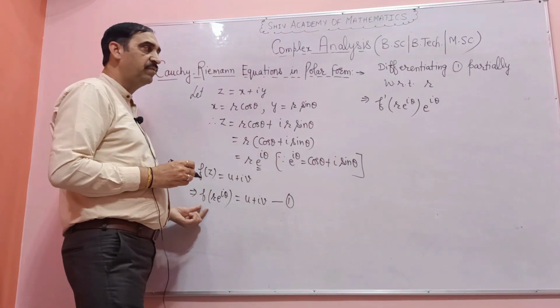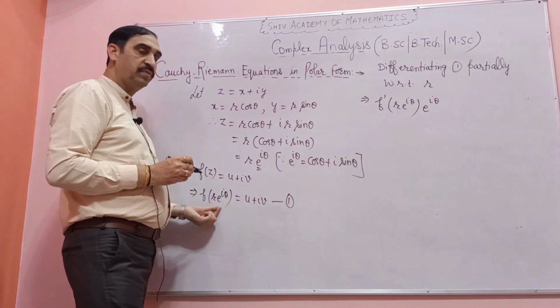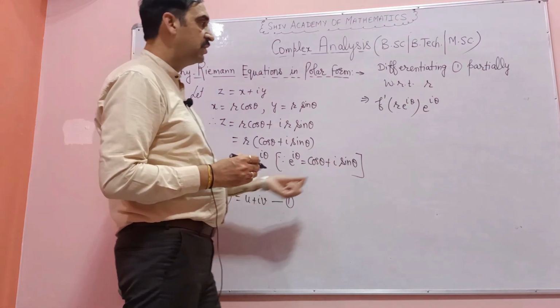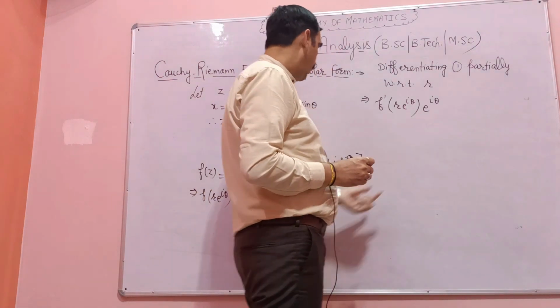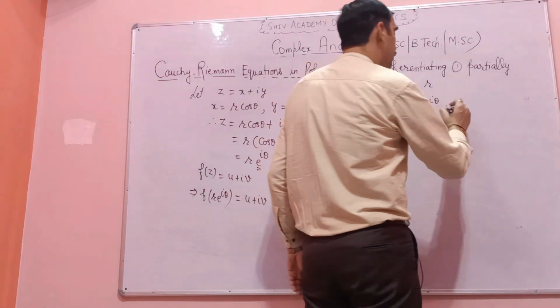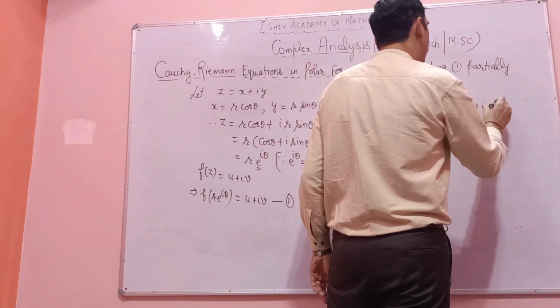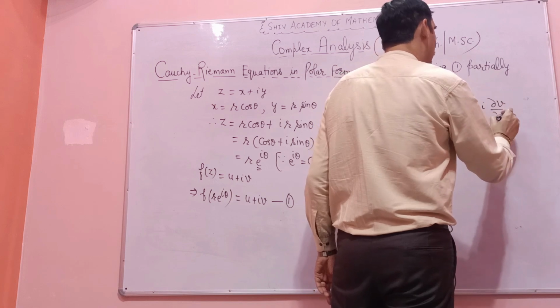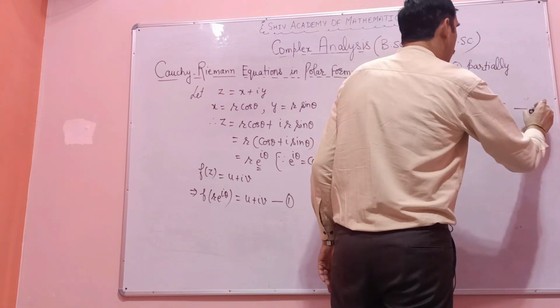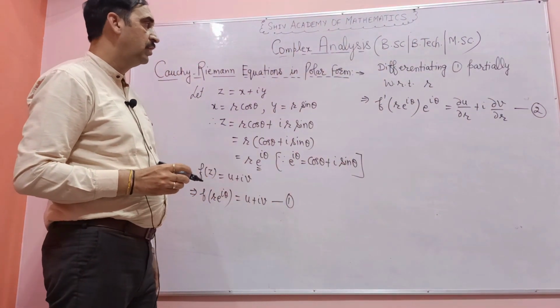We differentiate f with respect to r, and then we differentiate the inside term with respect to r, so you get e to the power iota theta. And what about the right side? It is u, it is v. So that is del u by del r plus iota del v by del r. We take it as 2.